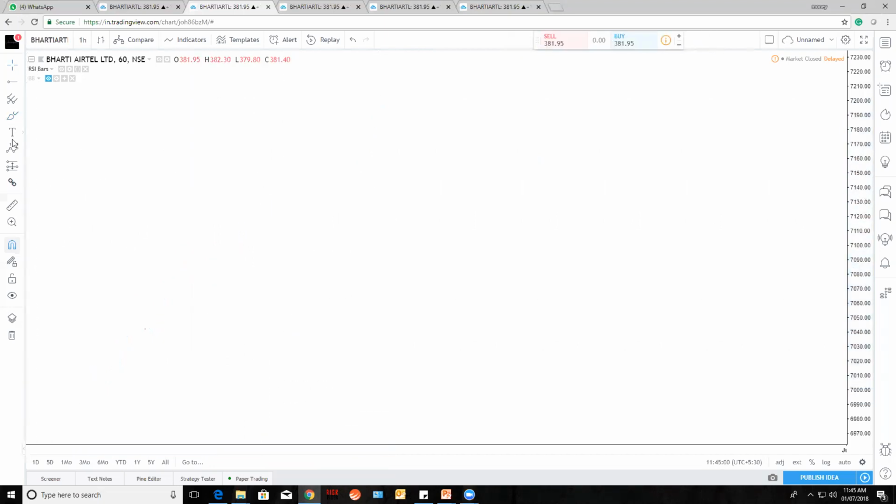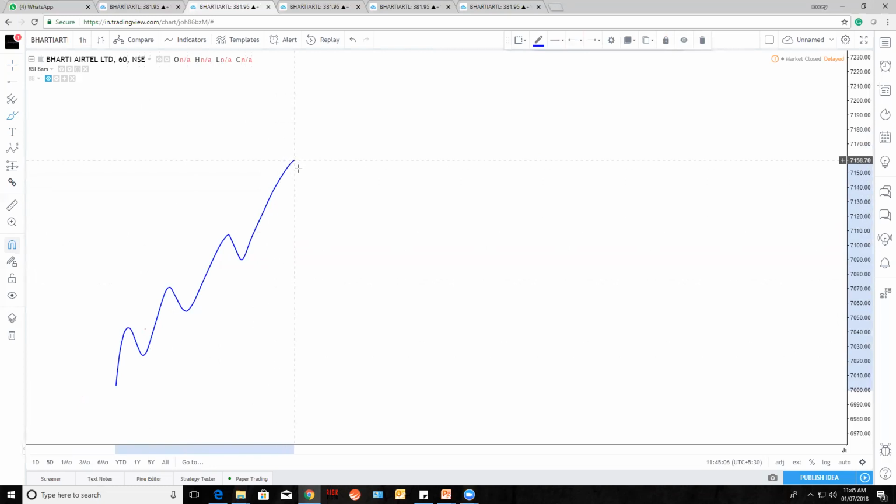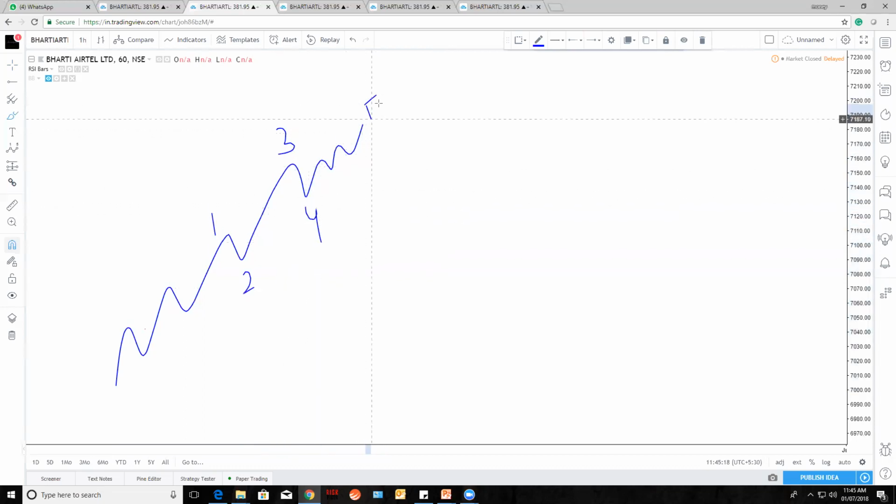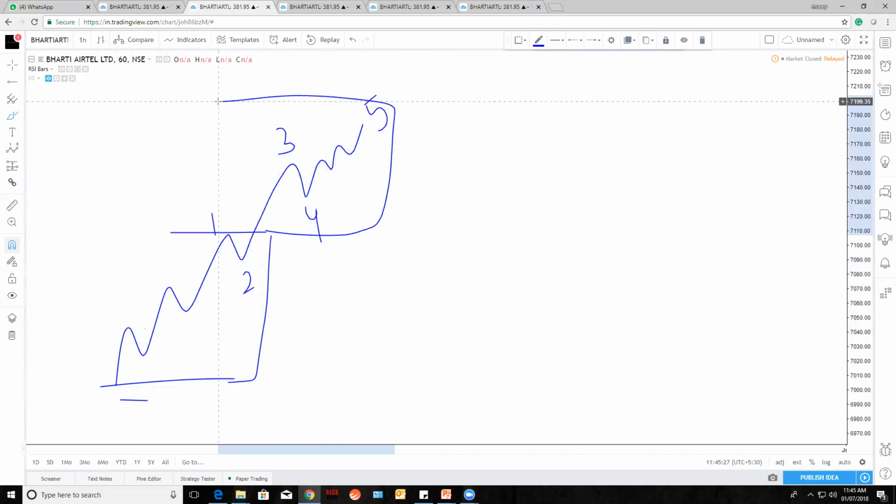So here wave 1 can extend: 1, 2, 3, 4, 5. Let's say it's a 3rd wave, and after that it's a 5 waves. Here this is a 1, this is a 2, this is a 3, this is a 4, and this is a 5. Here wave 1 is extended because it's very big compared to this side.